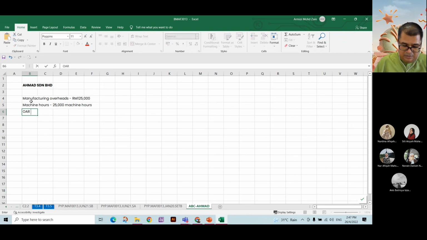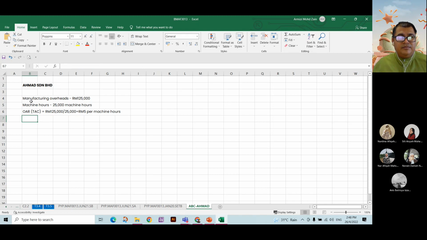So OAR bagi traditional absorption costing, kita akan dapat RM125,000 divided by 25,000, and then you will get RM5 per machine hours. Nah, ini tradisional sahaja, tradisional ada satu.